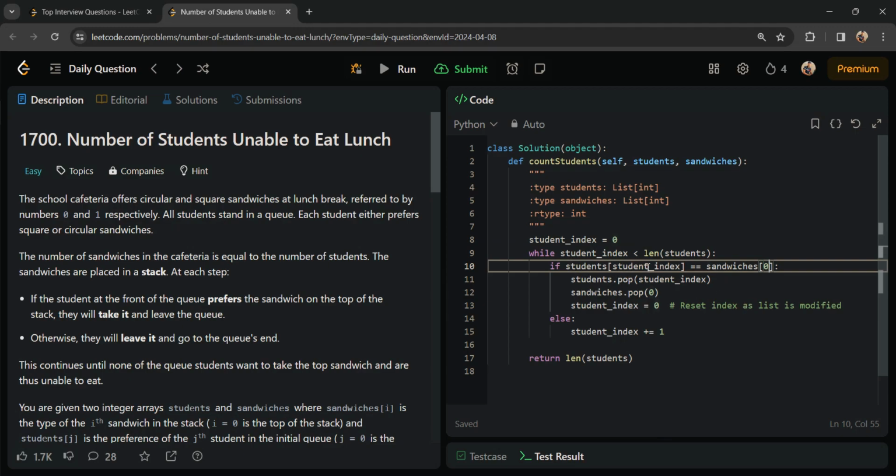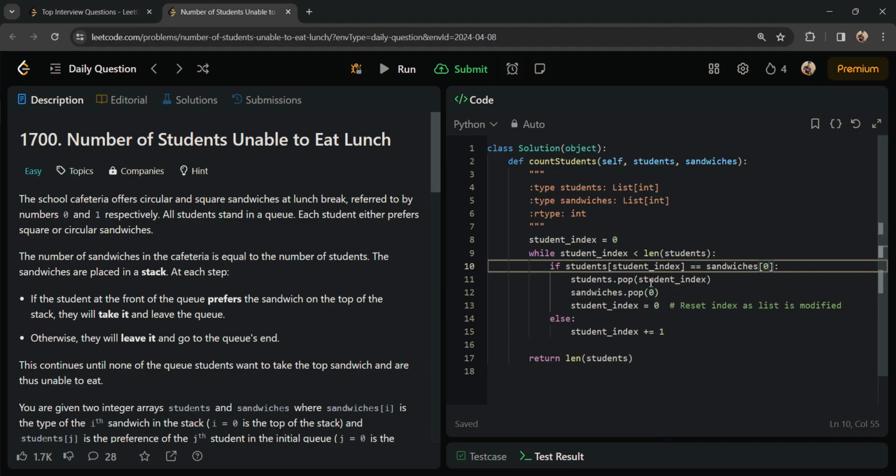So in this question, we use a student index starting at 0, which takes care of the student, and we use a while loop. While the student index is less than the length of students, we compare the top element of students and the top element of sandwiches.